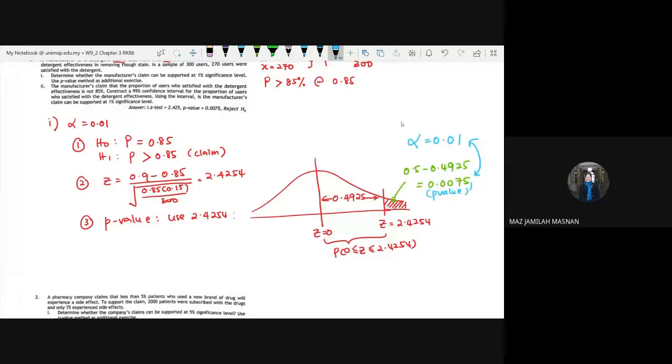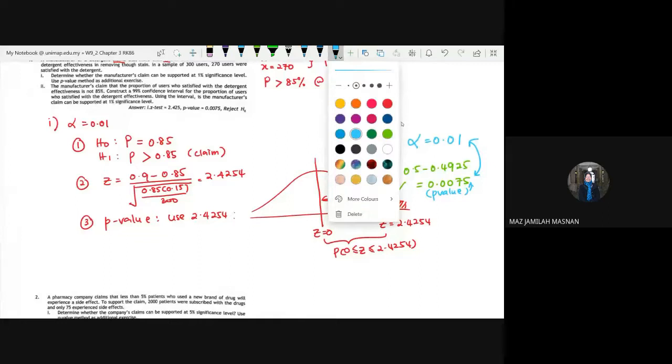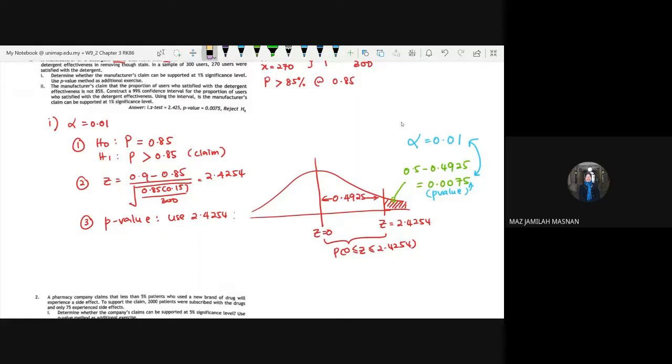Is it inside or outside? 0.01 compared with 0.0075, 0.01 is larger, so somewhere here is the alpha.